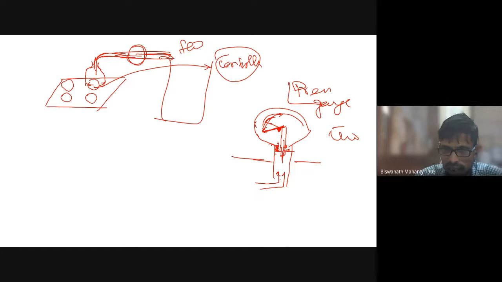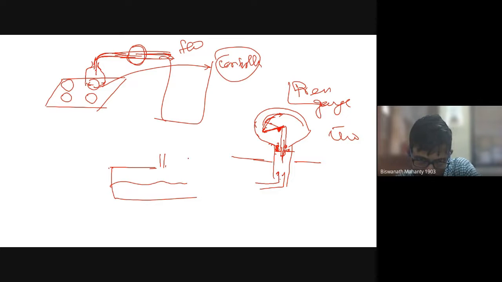But if I use a diaphragm membrane, it is not a direct contact. Here the pressure load is coming, here the diaphragm membrane is there, and we are measuring the pressure gauge output here.